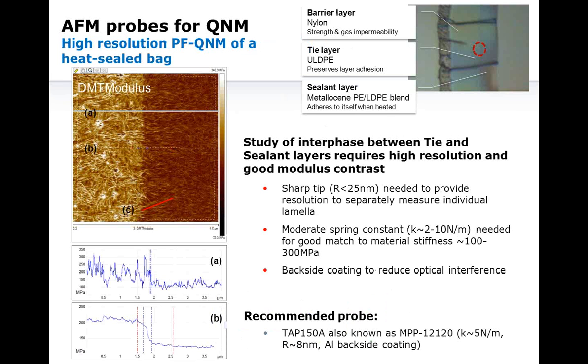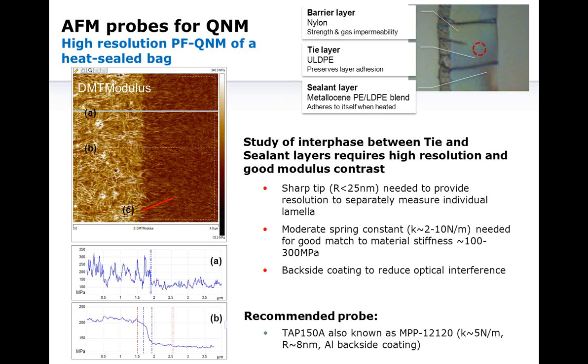What we have here is a DMT modulus map of sample stiffness, shown with the corresponding cross-sections for topography and for modulus. Keep in mind that Nanoscope collects up to 8 channels of data simultaneously, so these images were acquired at the same time. The difference between the tie and sealant layers is not observed in the topography, which is the top plot, but is clearly seen in the modulus image.